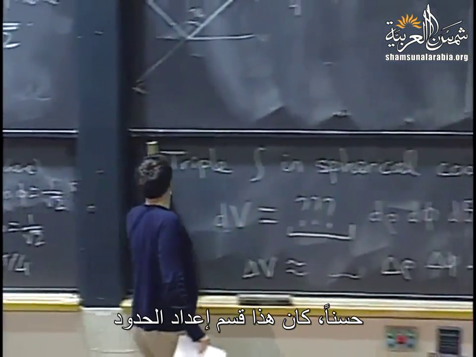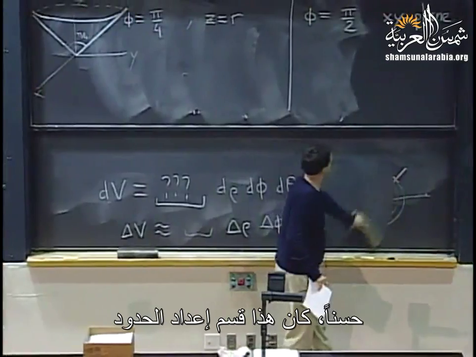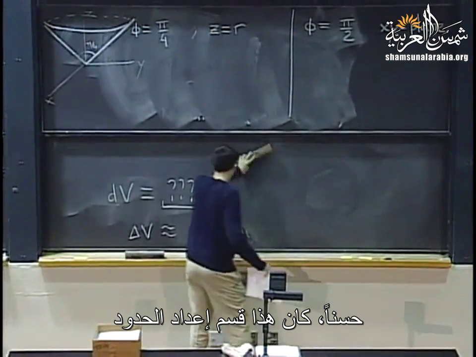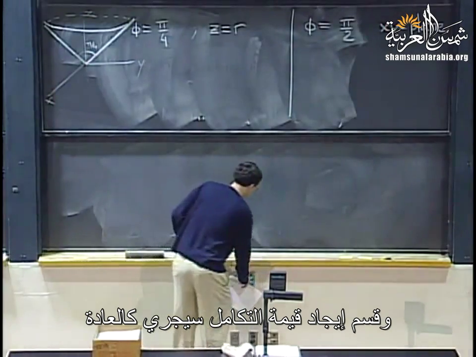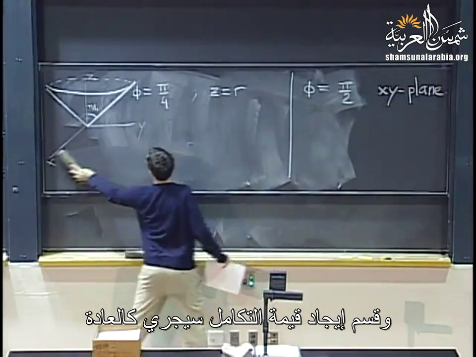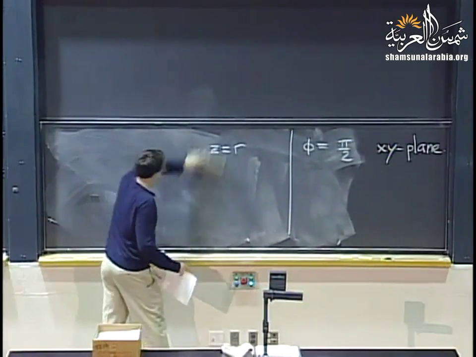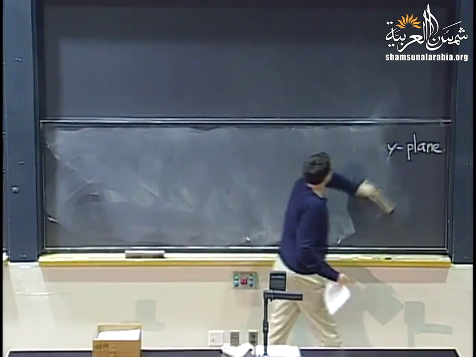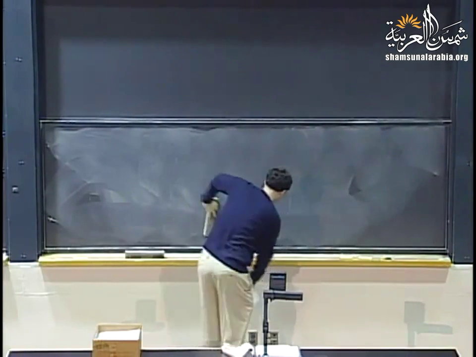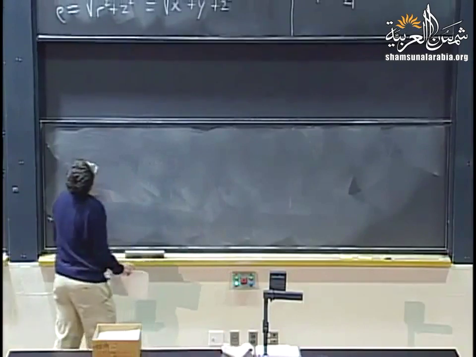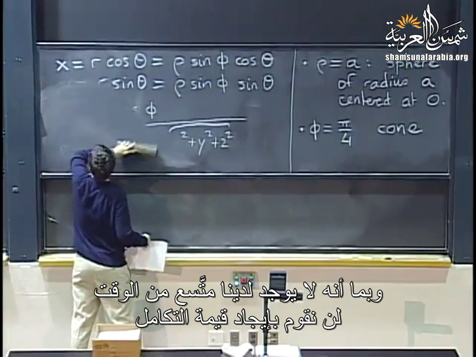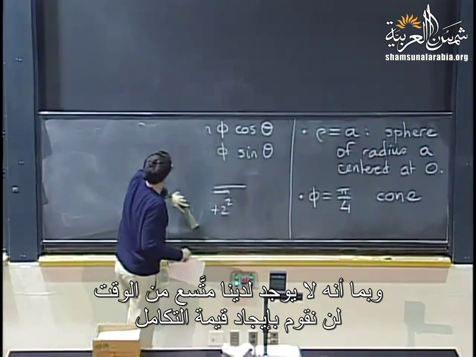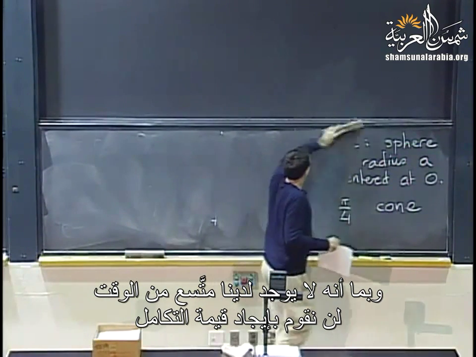All right. So that's the setup part. And of course, the evaluation part goes as usual. And since I'm running short of time, I'm not going to actually do the evaluation.